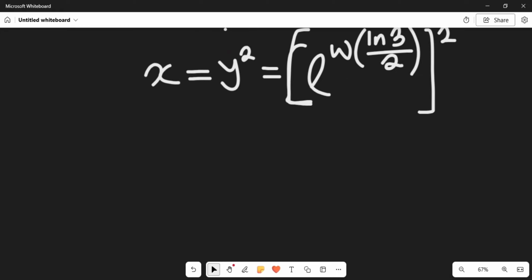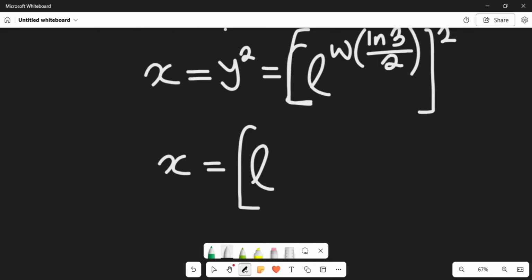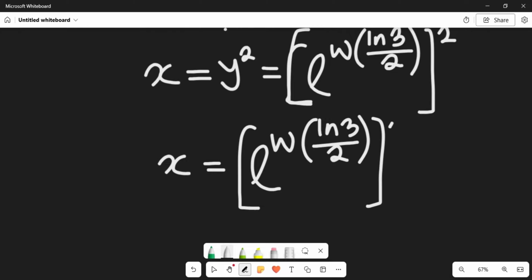So invariably, this will now make our x equal to the exponent value of the Lambert W of ln 3 divided by 2, all squared.